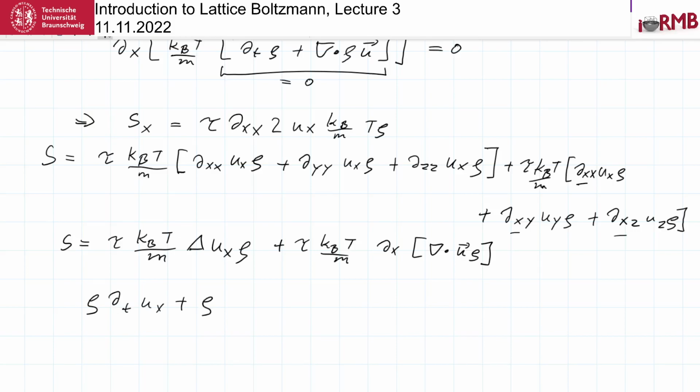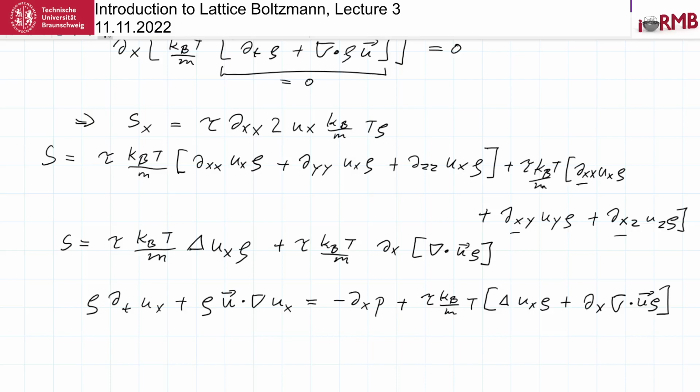So we have again the time derivative, the change in time, times the advection operator on ux is equal to minus dx the pressure plus tau k_B by m and T, and this goes into Laplace of ux and rho plus dx the divergence of the velocity times rho.